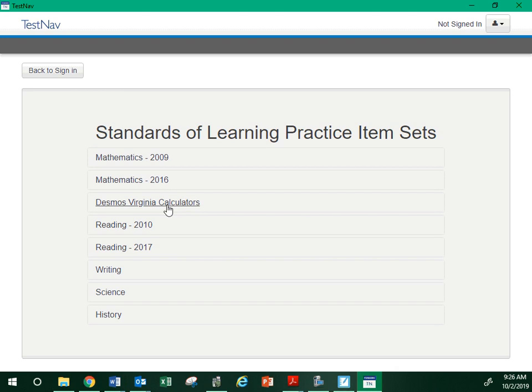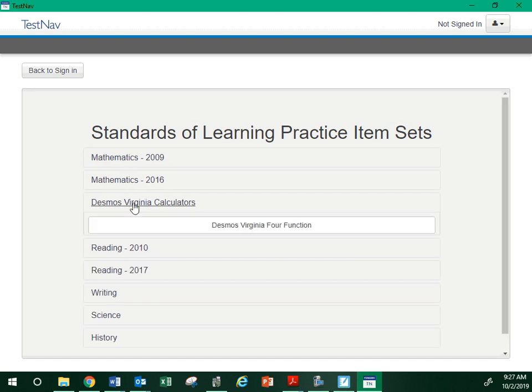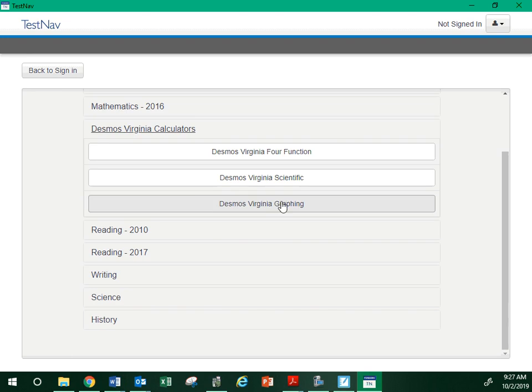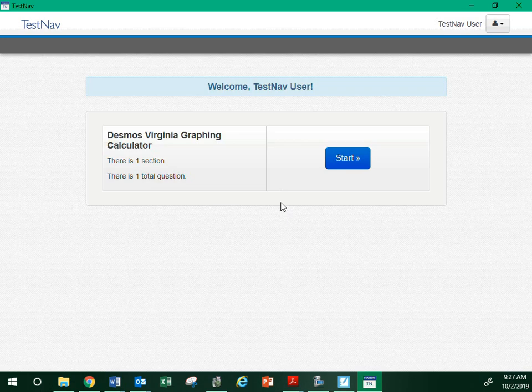But when you're at home, the Desmos calculator is a great tool to use, particularly when you don't have a calculator at home. Desmos is nice for the fractions. If you want to do practice stuff, you can, but we'll do that later. So, the Desmos calculator and the Virginia graphing calculator. Bring up your calculator.